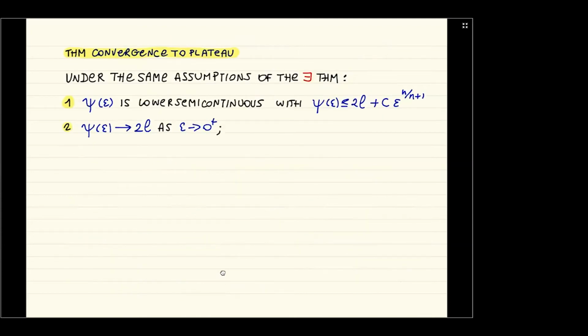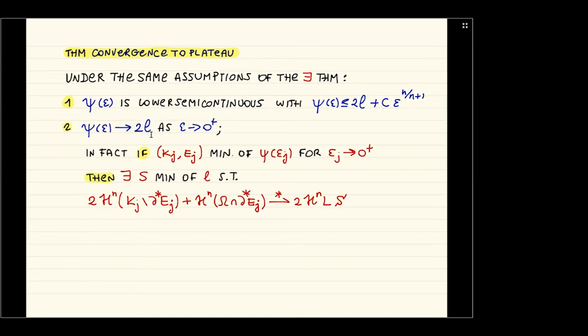So the next theorem I want to tell you about is a general theorem that tells you that under the same assumption of the existence theorem, the optimal value function psi of epsilon is lower semi-continuous, grows in an isoperimetric way at infinity, but most important of all, converges to twice the energy in the plateau problem as the volume goes to 0. That's a very important theorem for us, because it's telling us that by introducing this capillarity approximation, we're not introducing something that, in certain situations for epsilon small, is entirely different from the plateau problem.